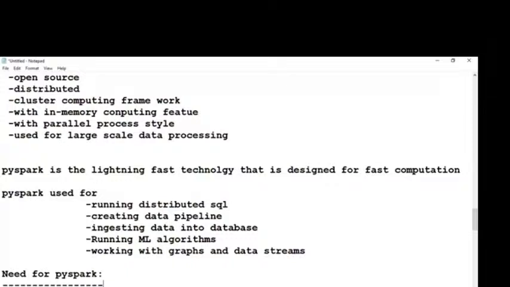PySpark is such a tool. Combining Python and Spark is very efficient for the world of big data. So the Apache Spark community came up with a tool called PySpark, the Python API for using Spark.